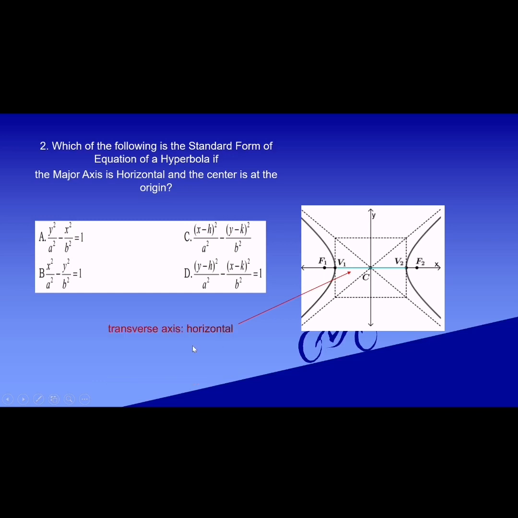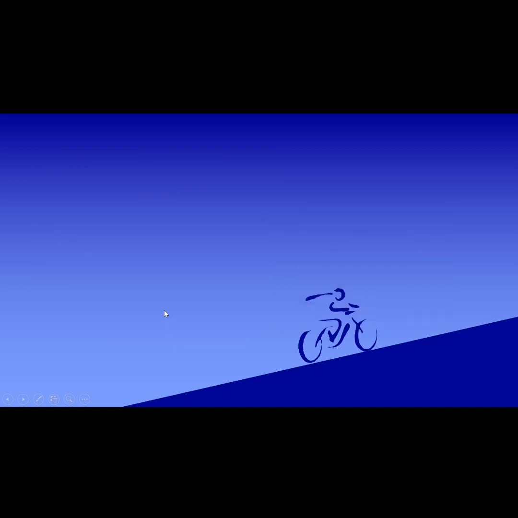Tawag niyan is transverse axis, which is the major axis in horizontal, and another segment which is perpendicular to the transverse axis, tawag conjugate axis, vertical. So the major axis is horizontal. So the answer here is B. So yan ang ating standard equation sa hyperbola. Okay, let's move for number 3.